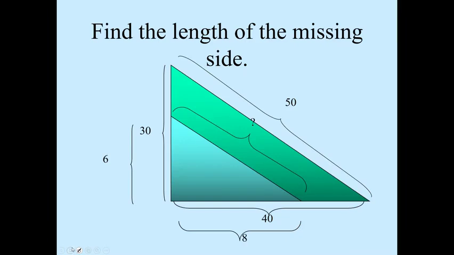Okay, now we have a triangle inside another triangle here. That means that they both have a 90-degree angle, right? That means that this angle is congruent to this angle. And that means that this angle is congruent to this angle. And if that's true, we have angle, angle, so we know that these two triangles are similar.